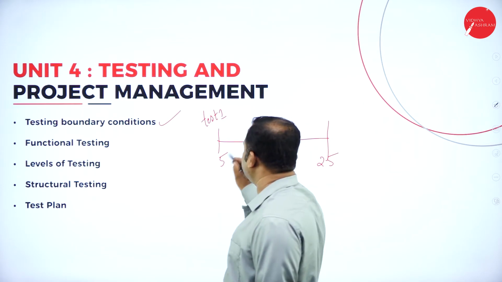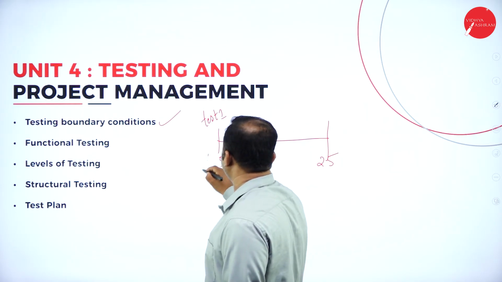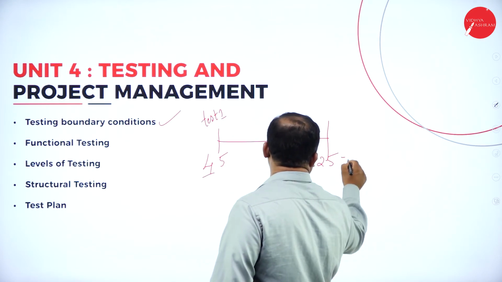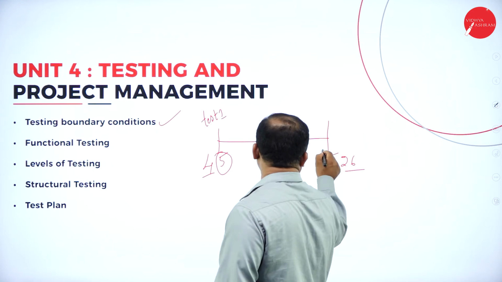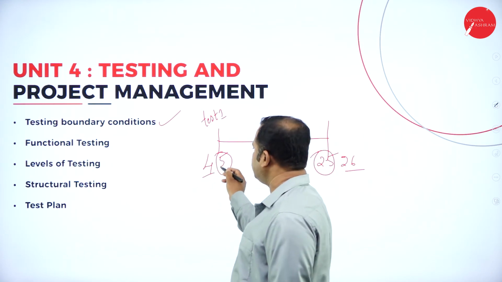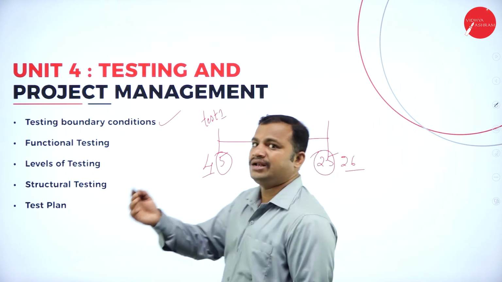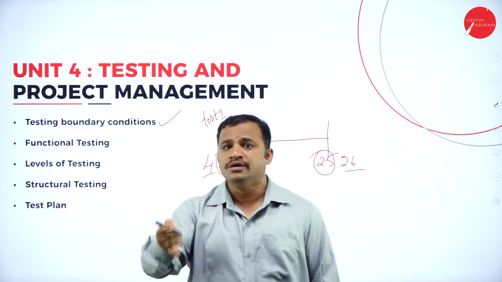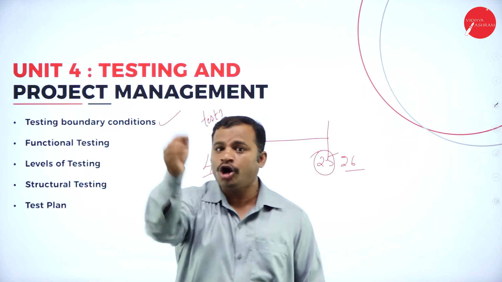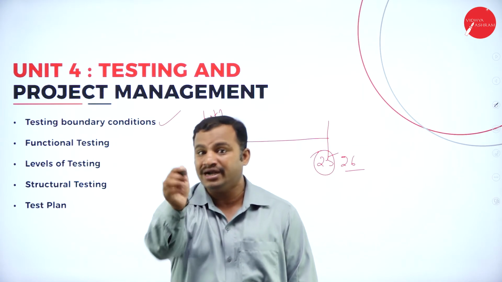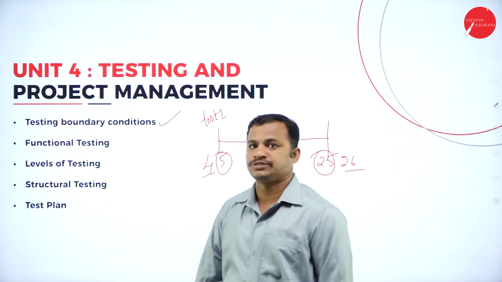Suppose a user enters any value out of this, either 4 or 26. 5 and 25 are called the boundary conditions. If he enters anything less than this or more than this, then it has to raise an exception. This is the mistake the user has committed. That has to be brought to the notice of users. That is called boundary conditions.